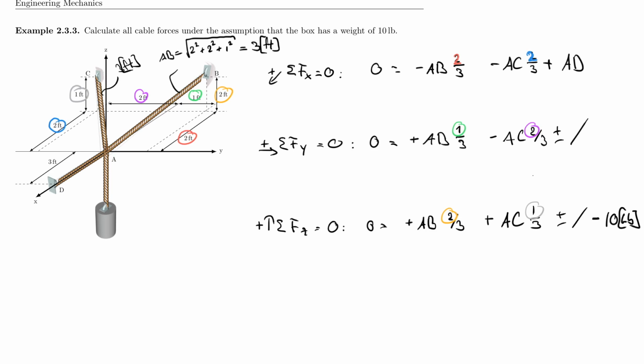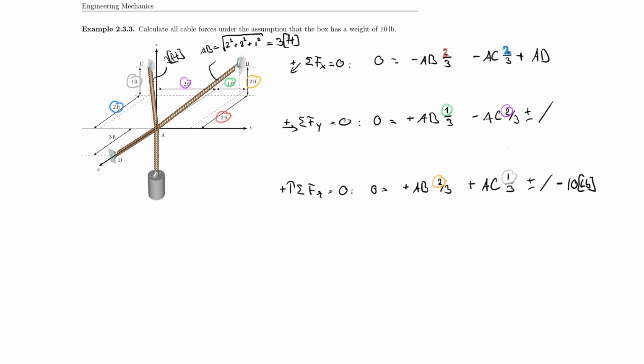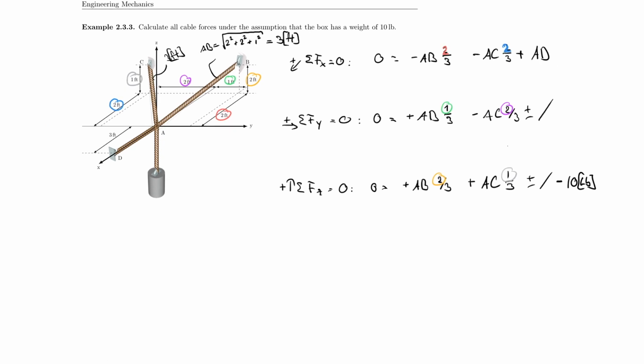That's definitely not my job here to teach you how to solve 3 equations with 3 unknowns. You can choose whichever method you want to. I will say that some students prefer the matrix method. So what would that look like? So minus 2/3, minus 2/3, plus 1. And then we have plus 1/3, minus 2/3, plus 0.